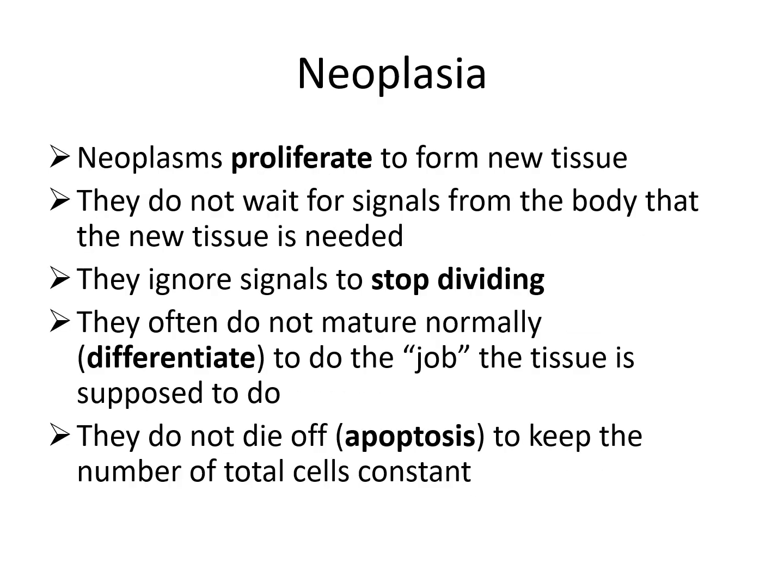So what are the characteristics of neoplastic tissue? Actually, even both benign and malignant neoplastic tissue. So neoplasms proliferate and form new tissue. That's what they're named for, right? New tissue, literally new tissue, or new growth. They don't wait for signals from the body that new tissue is needed. So typically, and we'll go through some of the process of this, cells typically need to be told to divide.